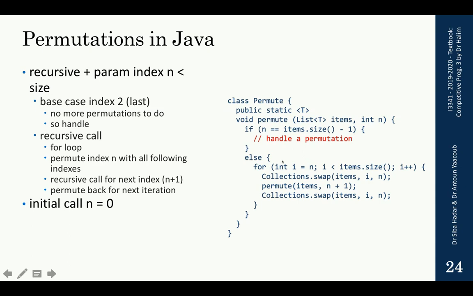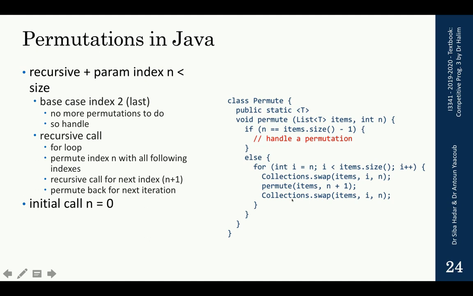In between, I loop inside the recursive call, because I want to do all possible permutations between n, the given index, and the following ones. So I want to permute n with n plus 1, n with n plus 2, until the end of the size of the list. Always I swap i with n, where i goes from n to the end, call the recursive permute for n plus 1, and then swap back.